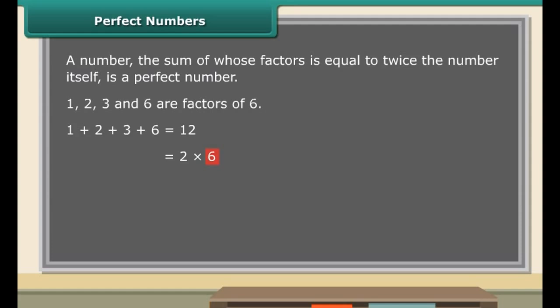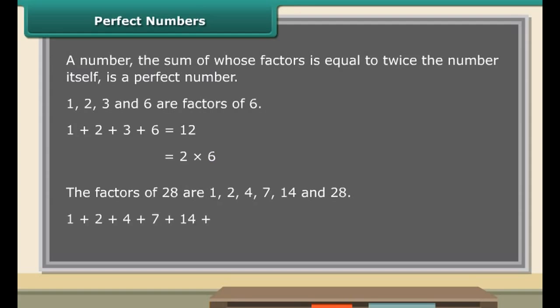Hence, 6 is a perfect number. Similarly, the factors of 28 are 1, 2, 4, 7, 14 and 28. The sum of the factors is 56, which is the same as 2 times 28. Therefore, 28 is also a perfect number.